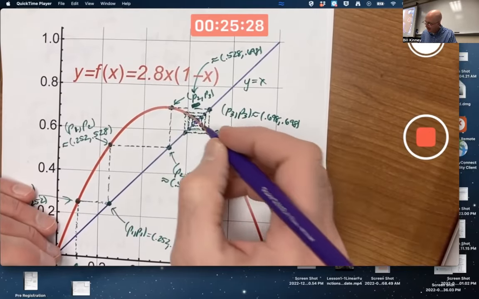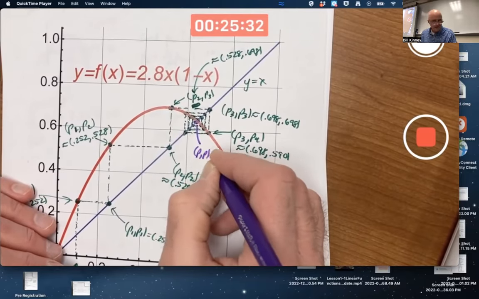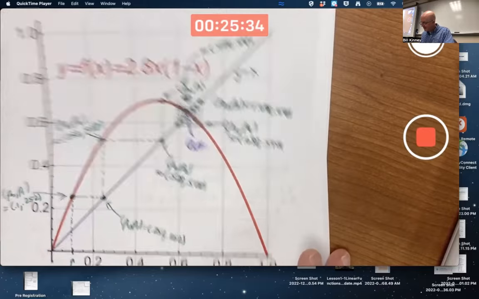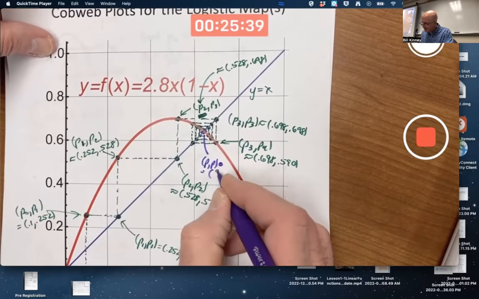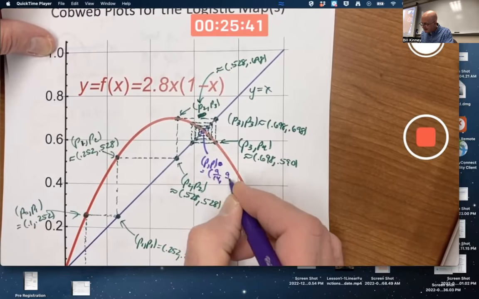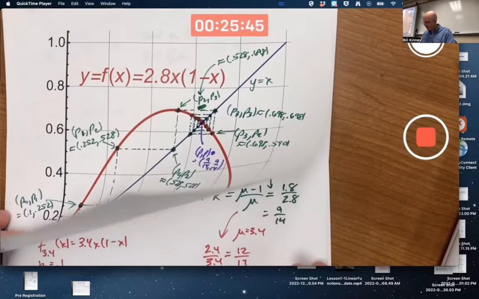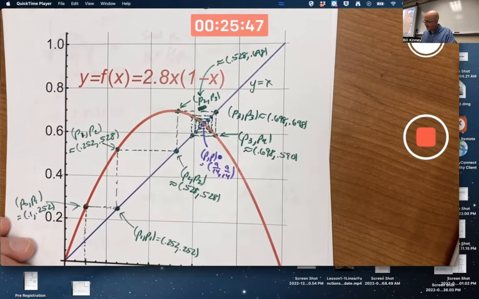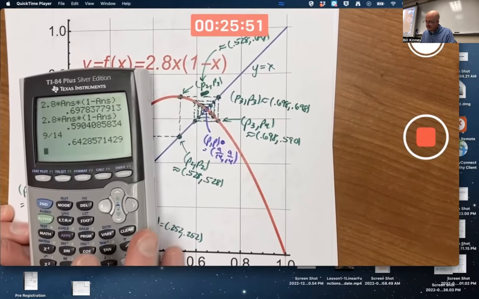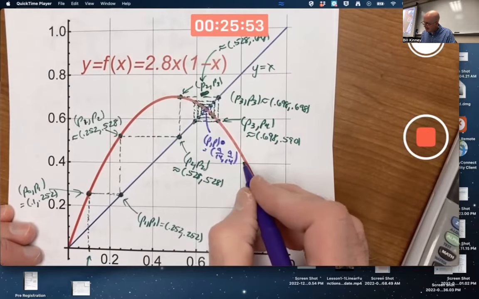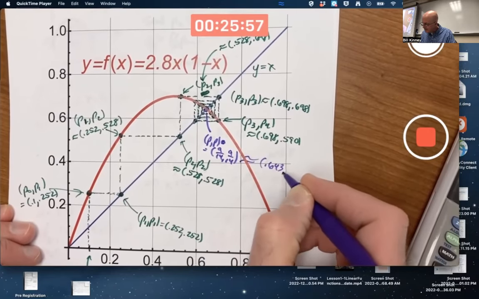That's supposed to be purple if you can't quite tell. That's P comma P. And what was the fixed point exactly? It was 9/14. This is 9/14 comma 9/14, which was about, what was it? I forgot. 9/14. About 0.643. 0.643 comma 0.643.